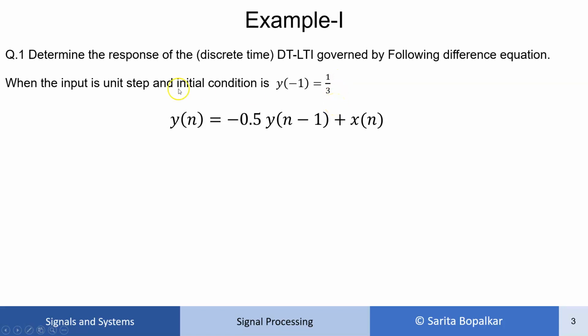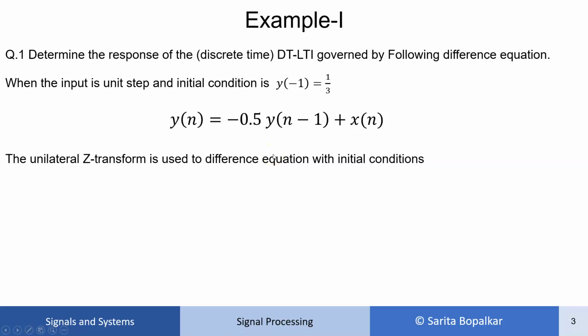Now here the input is given, that is unit step, meaning x of n is equal to u of n, and initial conditions are given. Whenever initial conditions are given, we have to use the unilateral Z transform.